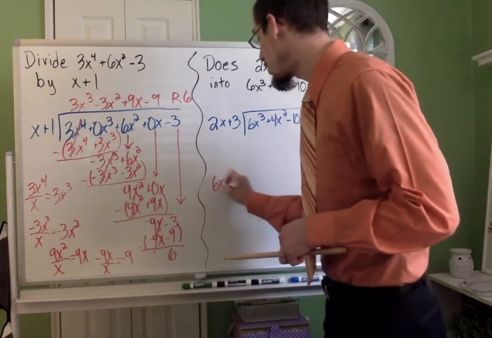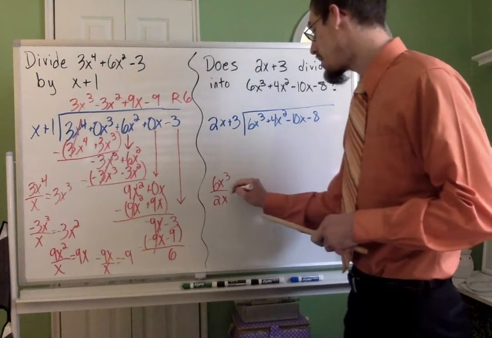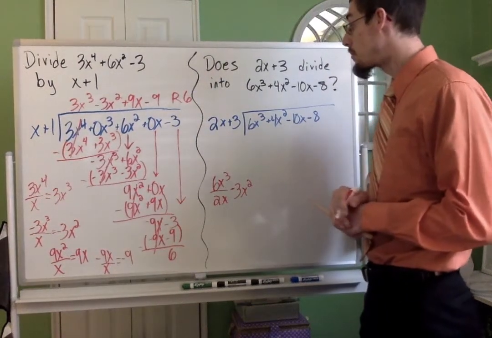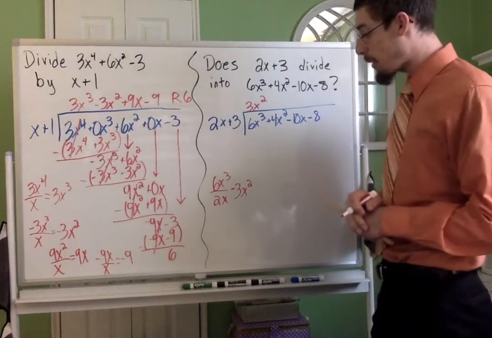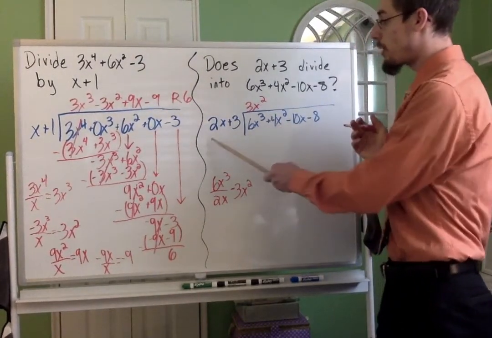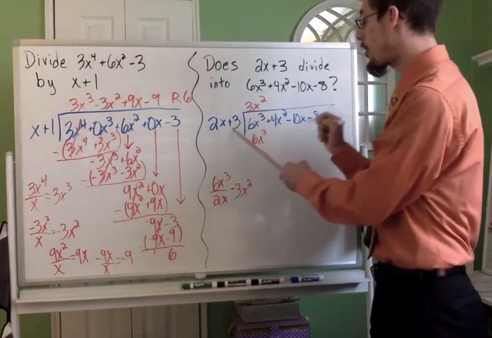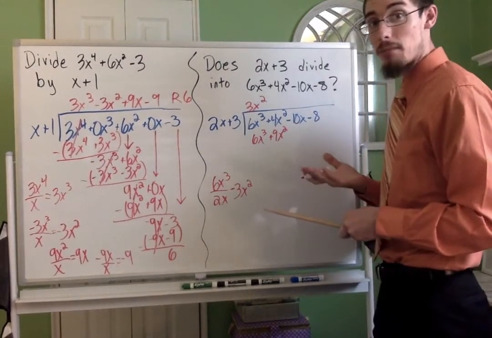6x to the third divided by 2x is going to give me 3x squared. So 3x squared is my first term. Distribute it. 3 times 2, 6x to the third, 3 times 3, 9x squared.